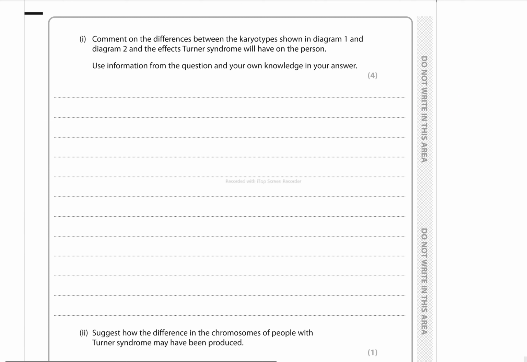Comment on the differences in the two. Right, the most obvious one is karyotype 1 has 46 chromosomes. Karyotype 2 has 45 chromosomes.